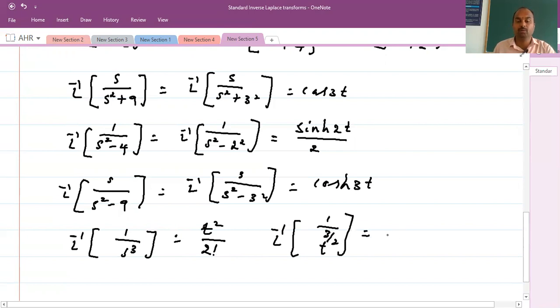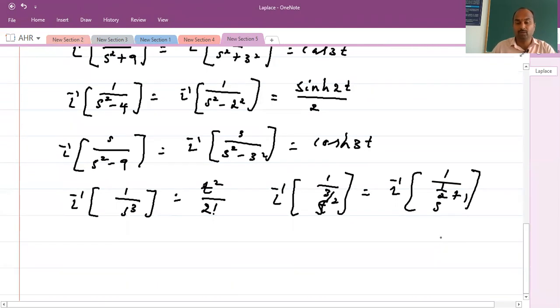So s to the power of 3 by 2 can be written as s to the power of 1 by 2 plus 1. So this means it is t to the power of 1 by 2 divided by gamma of 1 by 2 plus 1.